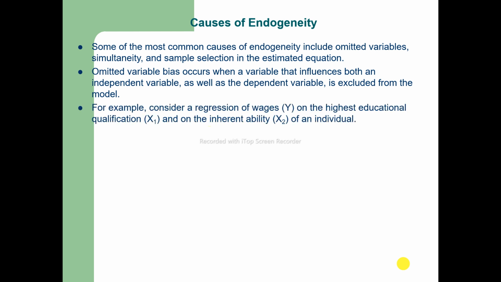For example, consider a regression of wages on the highest level of education x1 and on the inherent ability or innate ability measured by x2 of an individual. And in that case, the true model is given by yi is equal to beta naught plus beta 1 x1i plus beta 2 x2i plus epsilon i.